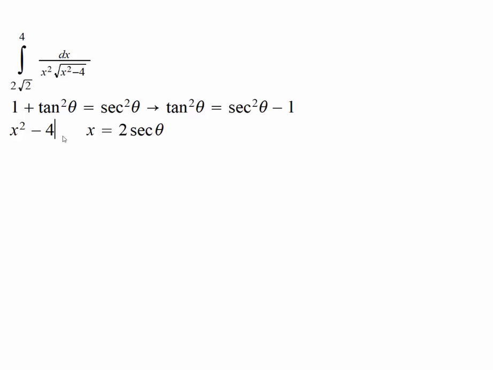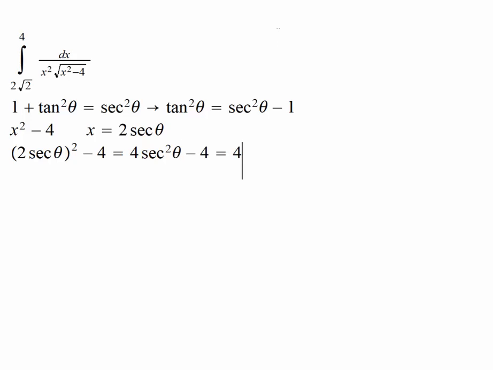So 4 will factor out, and this will be our other factor. So what we are going to do is write 2 secant theta in place of x. Okay, so we have 2 secant theta. So this is going to become 4 secant square theta minus 4.